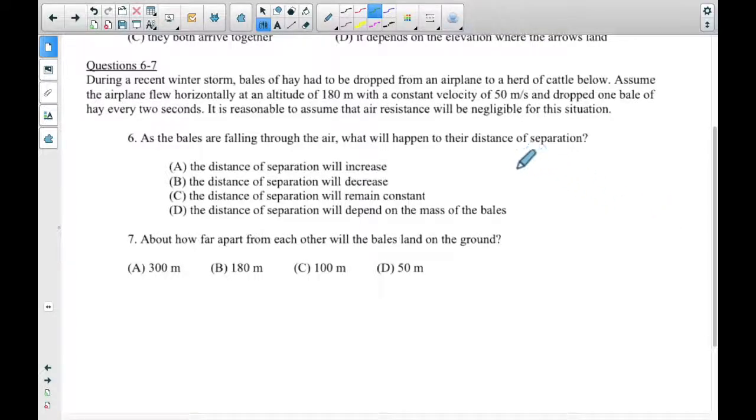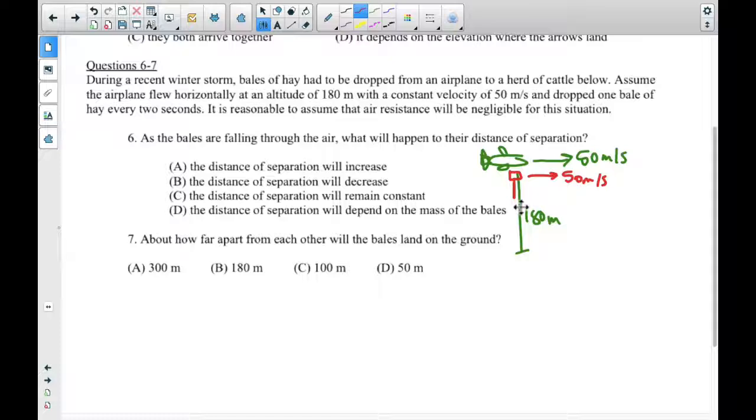Okay, let's see what's going on here. We have an airplane. Our airplane is flying at 50 meters per second, and it is 180 meters off the ground. It is going to be dropping these bales of hay. And when it drops a bale of hay, it is going to have a horizontal velocity immediately of 50 meters per second.